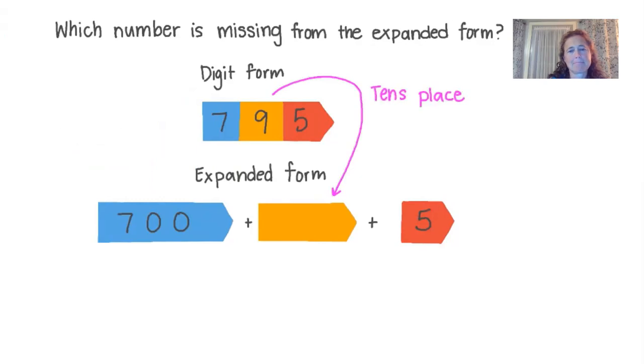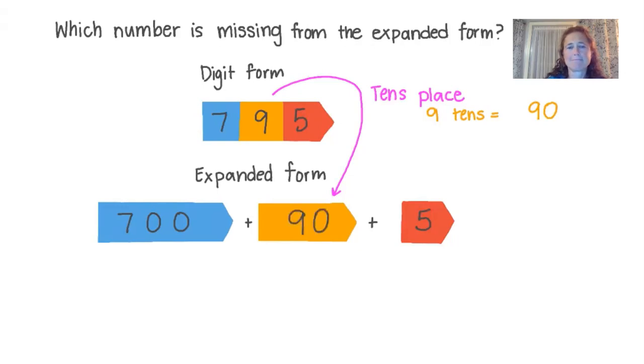And that leaves us with our place value in the middle, the yellow place value. This space is the tens place. We see that we have 9 tens. Having 9 tens in expanded form is the same thing as having 90. 9 tens is equal to 90.